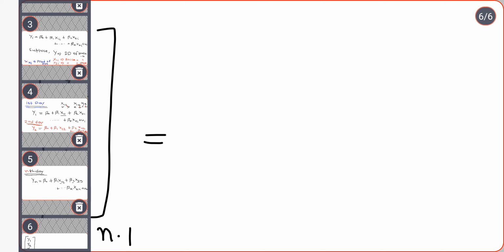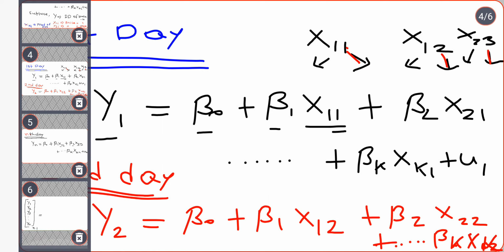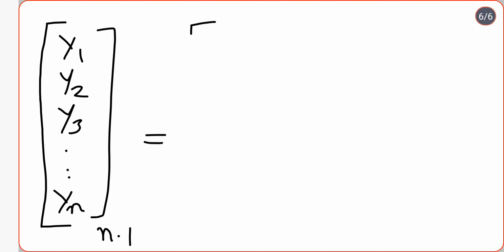Similarly, if I want to write it in the matrix form, then the entire model will be formulated by the dependent variable, the parameters, the independent variables, that is x11, x21 and all that, and the error terms obviously. So at first I have to include the independent variables.